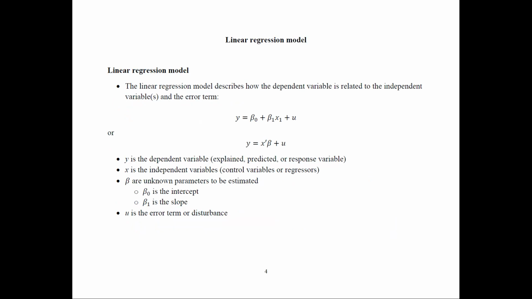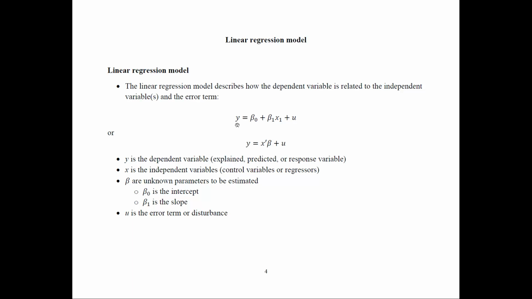So the linear regression model describes how the dependent variable is related to the independent variables and the error term. So the first equation that I have here is the equation for a simple linear regression.